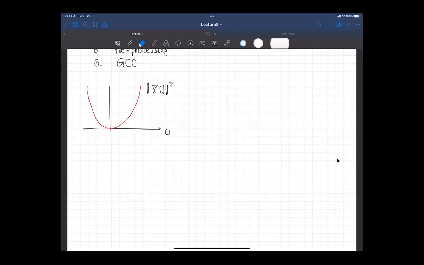To be precise, I think I have to put nabla u here, so it can be nabla u squared for your quadratic function.